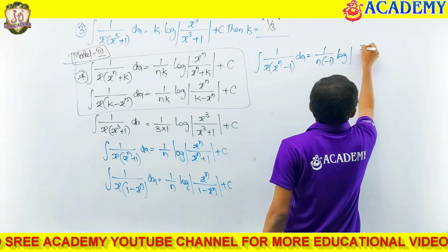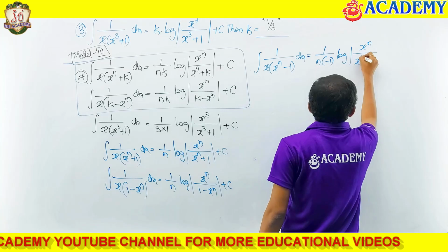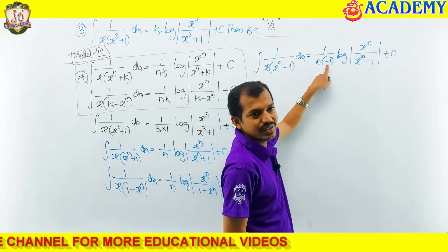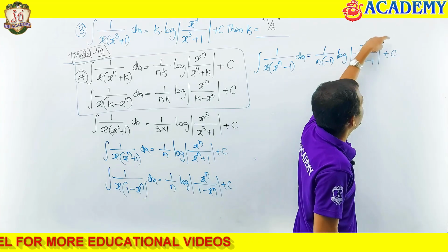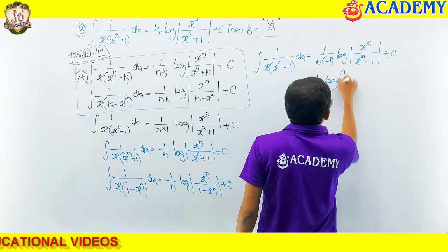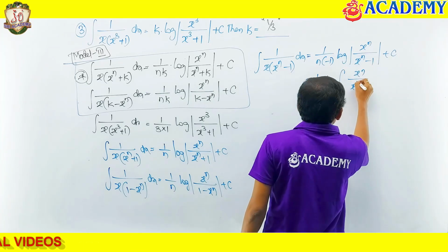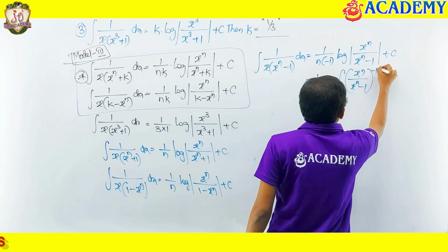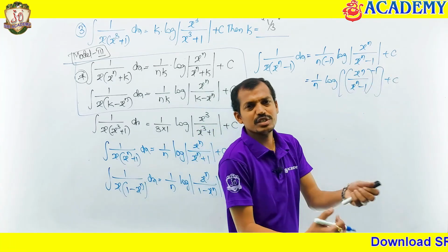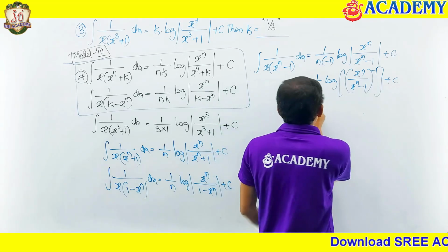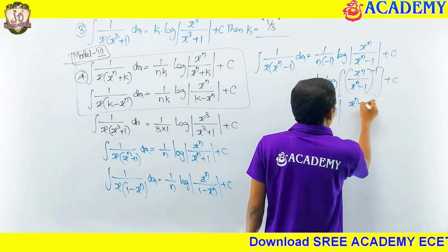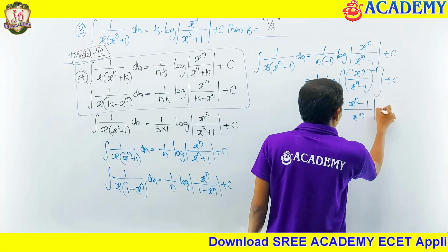Log of x power n divided by x power n minus 1, whole to the power of minus 1, plus c. Whole to the power of minus 1, right? Reversing it, that is 1 by n into log of x power n minus 1 divided by x power n.